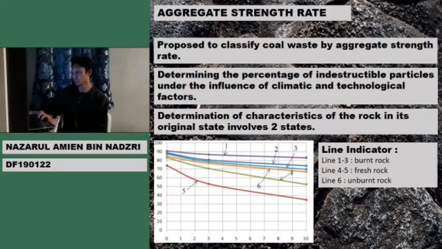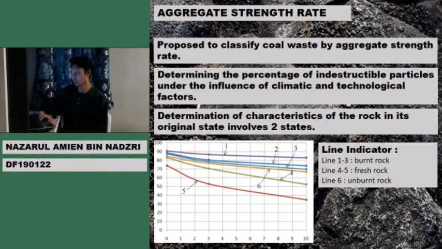As we can see in this slide, the graph shows the result of the analysis of the aggregate strength rate. For lines number 1 until 3, we use burnt rock. For lines 4 until 5, we use fresh rock. And the last line, line number 6, we use unburnt rock.